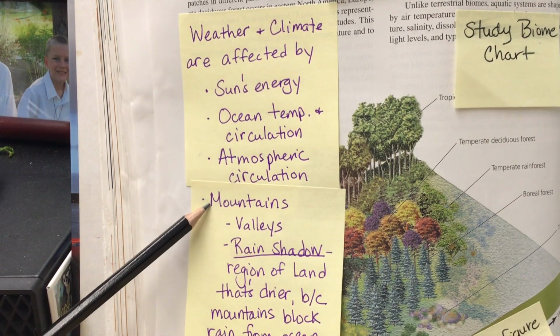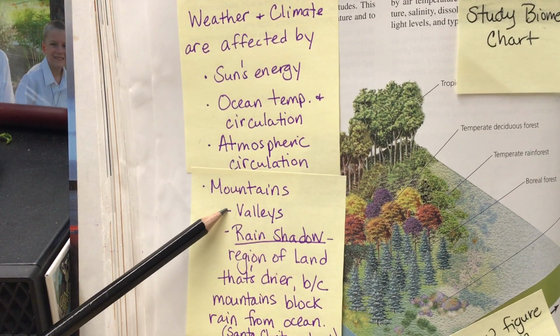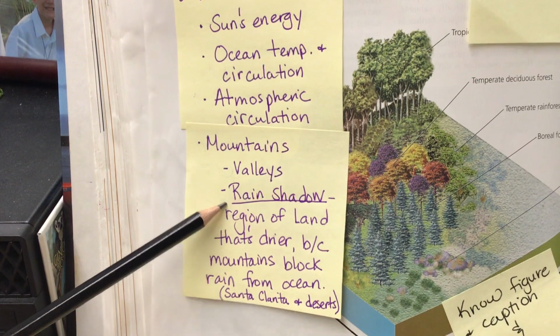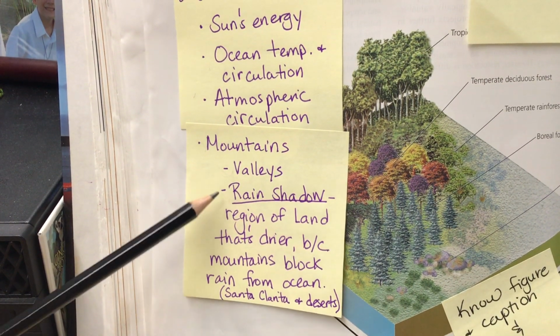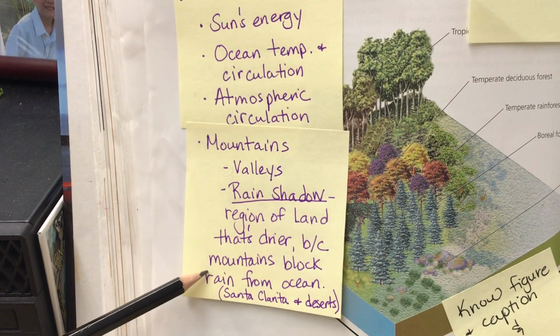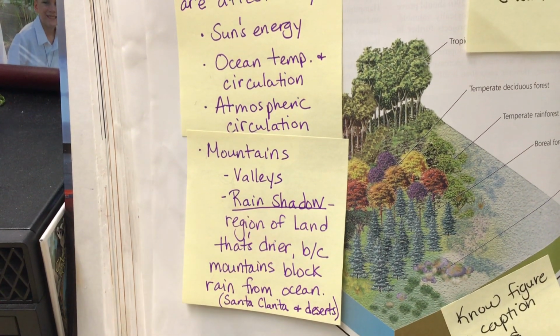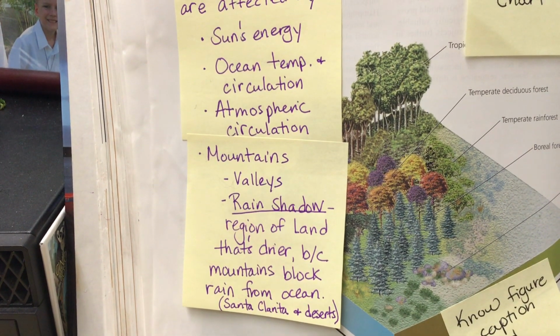Mountains create certain biomes as well. Mountains can create valleys. And also the biggest thing to understand about valleys is they create a rain shadow effect. It's a region of land that's drier because mountains block rain from the ocean. A lot of our rain in the world, and especially in Southern California, comes off of the ocean.